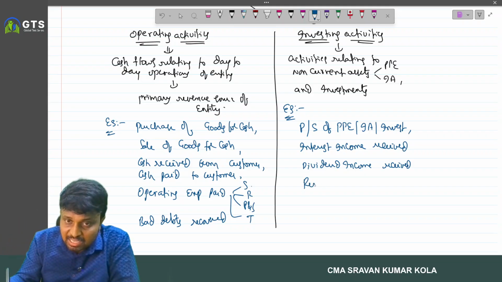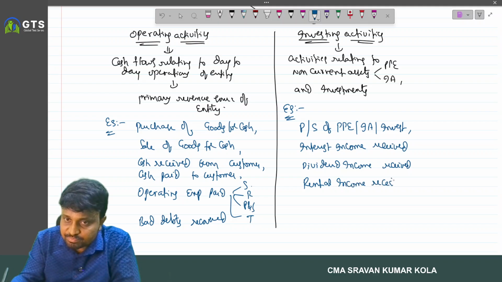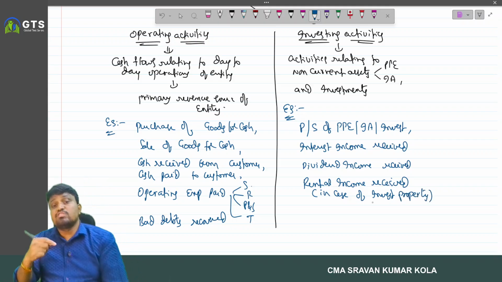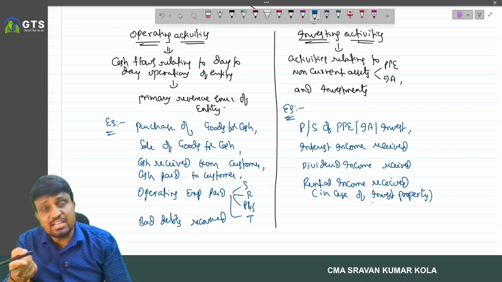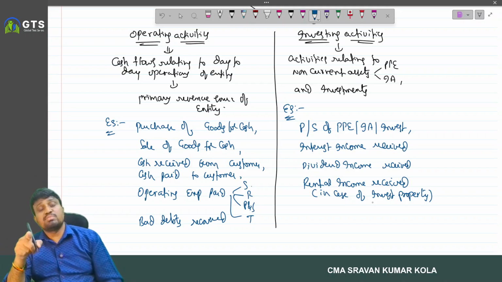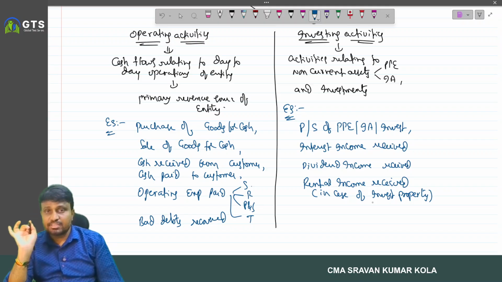And remember, in case of investment property, any rental income received is also part of investing activity.